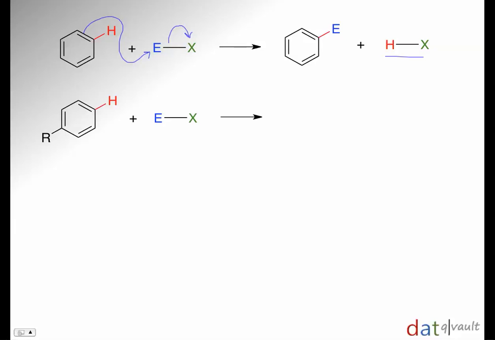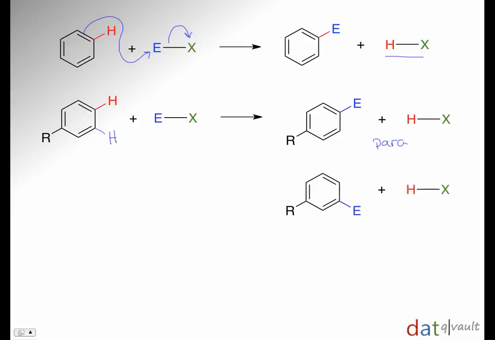Depending on what this R group is, we can get substitution at a number of different positions on this aromatic ring. We can get substitution on the opposite side of the aromatic ring, which is known as substituting the ring at the para position. We can also substitute this hydrogen on the aromatic ring, which is known as substituting at the meta position.